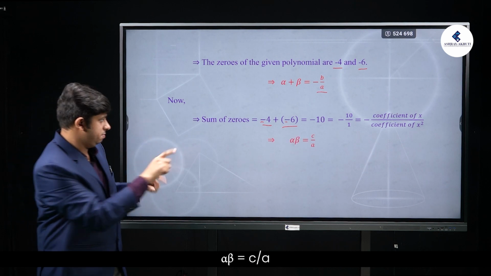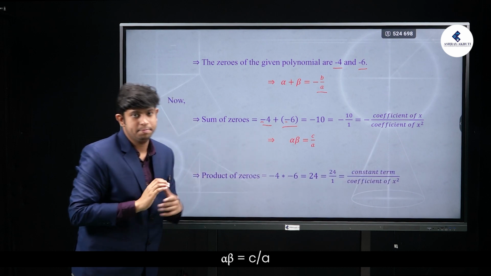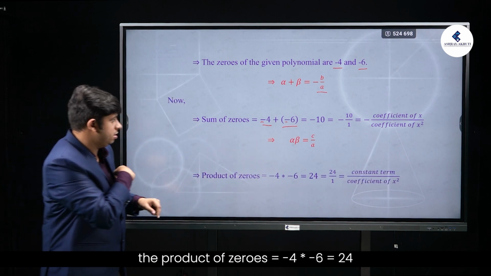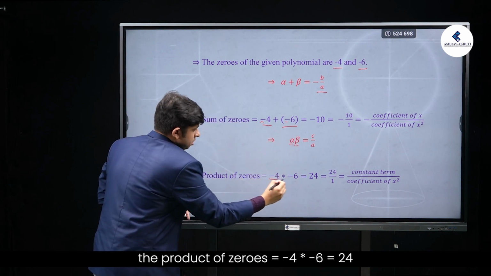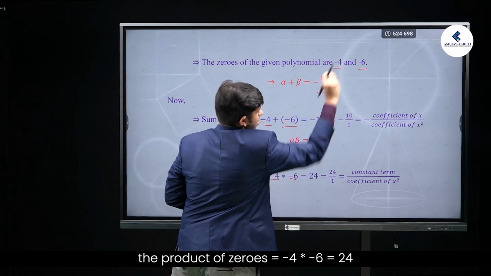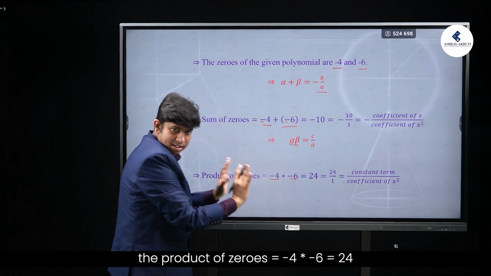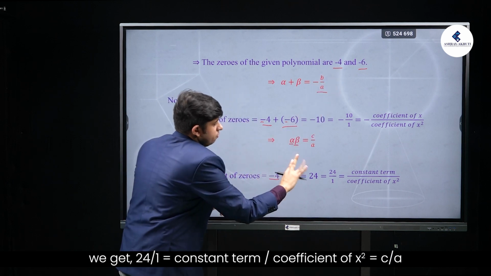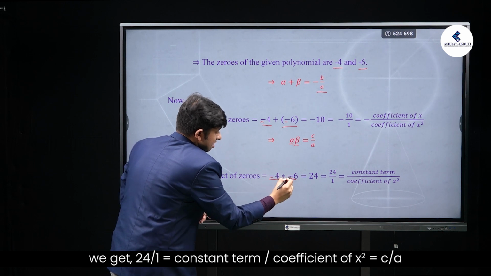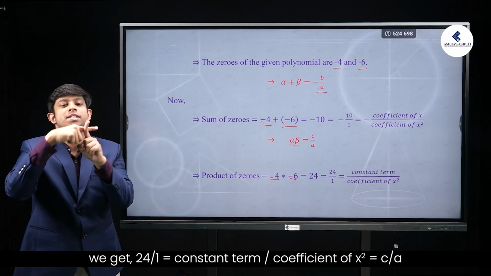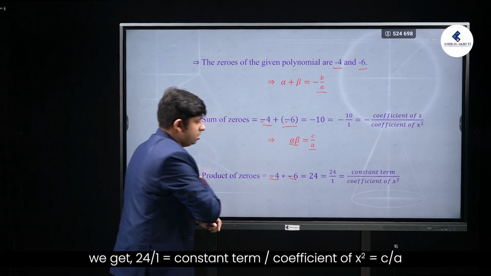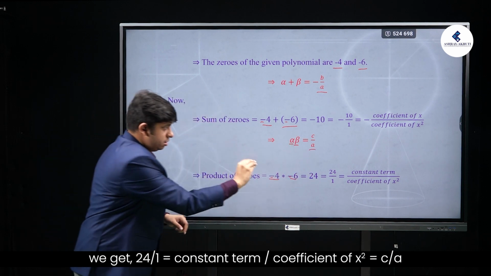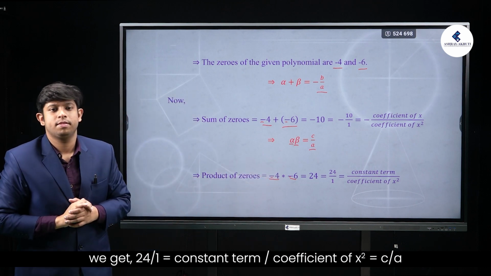Alpha into beta is equal to c by a. The product of zeros is equal to minus 4 into minus 6, which is equal to 24. We get 24 by 1, which is equal to constant term by coefficient of x square, which is equal to c by a.